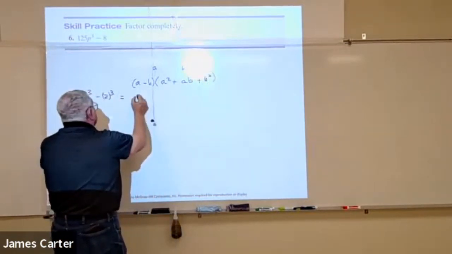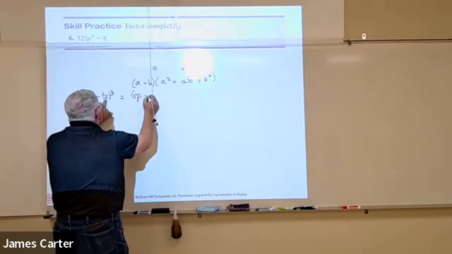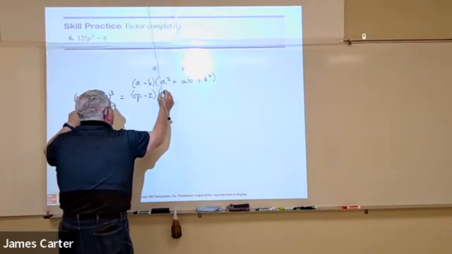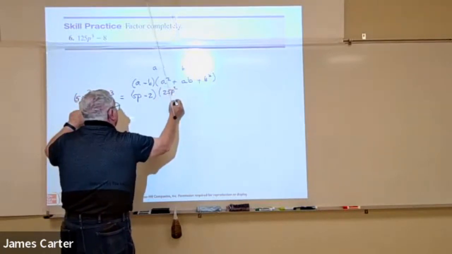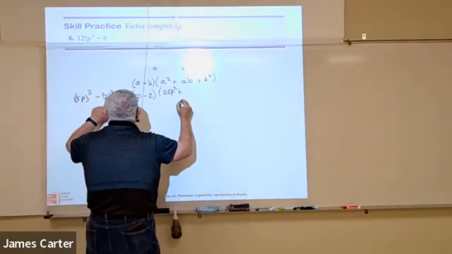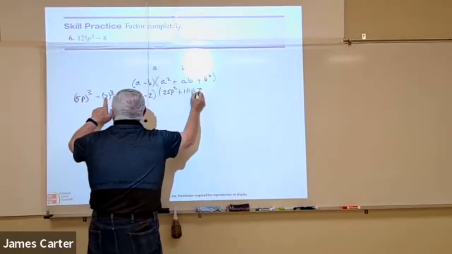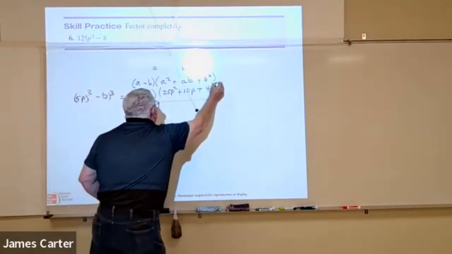So I'm going to put these in here: 5p minus 2, and 5p squared is 25p squared, plus 5p times 2 is 10p, plus 4. Done.